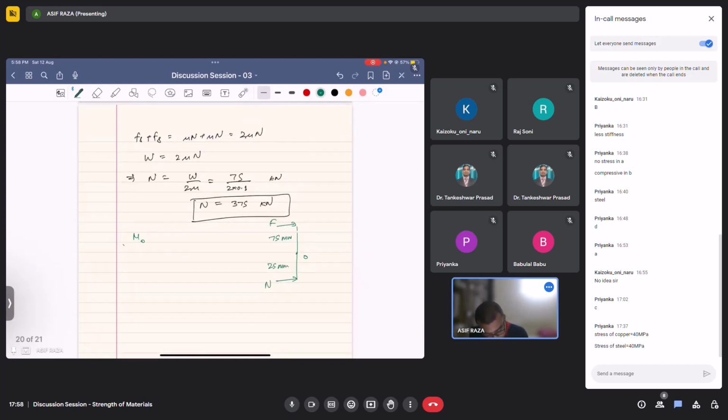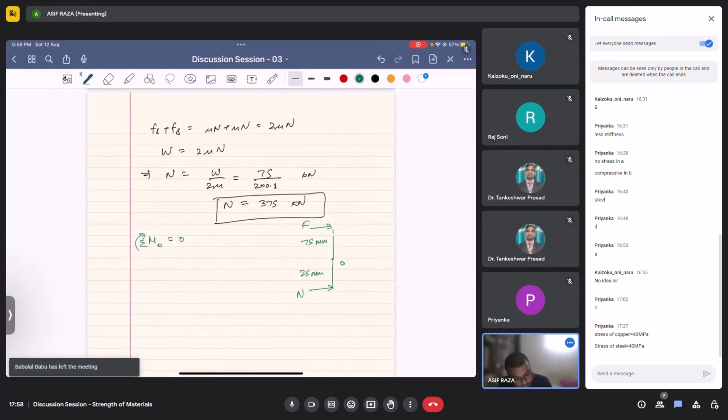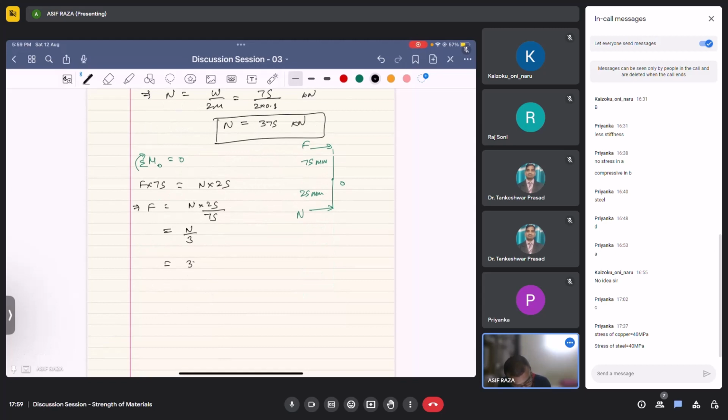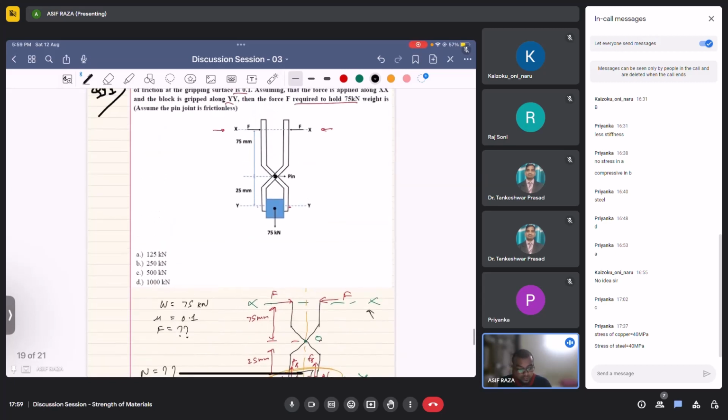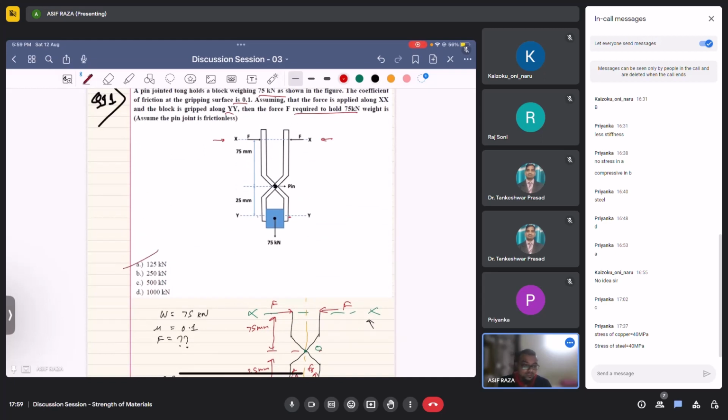So moment about O equal to 0: F times 75 equals normal times 25, and F would be equal to n into 25 by 75, that is n by 3, and normal came out to be 375 kilonewton. So F is 125 kilonewton. So the answer would be option A, 125 kilonewton.